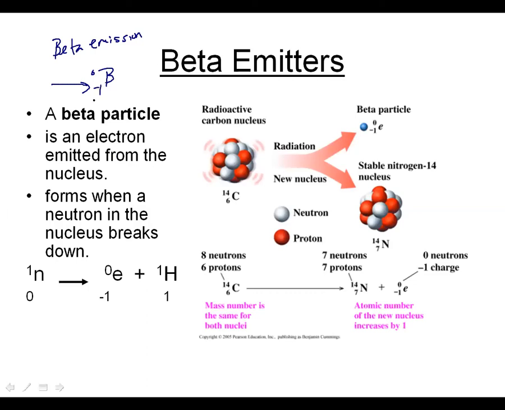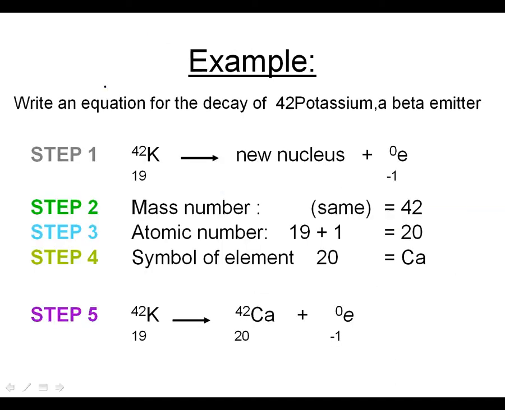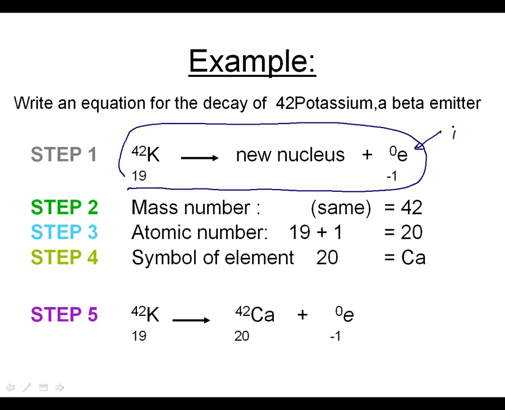The important part is that the beta particle is -1, which does affect the math when you go to balance it. So let's take a look. Here, this is a beta emission, because we see our beta particle over here on the product side. And you can use that e symbol instead of the beta symbol.